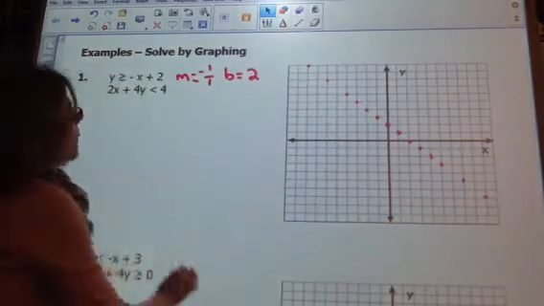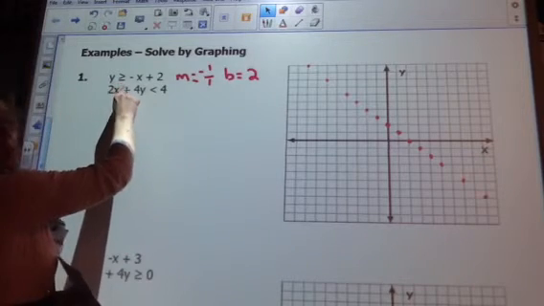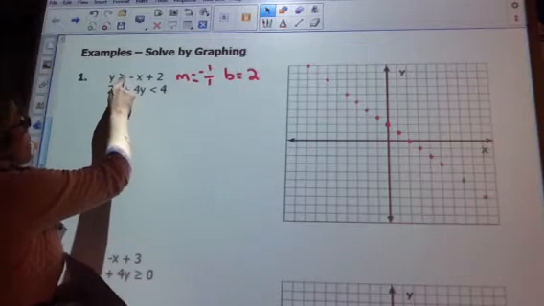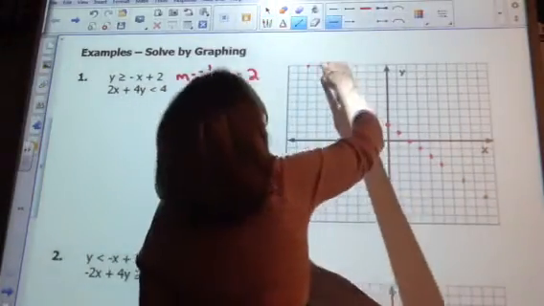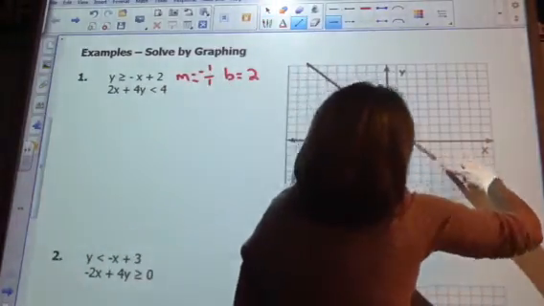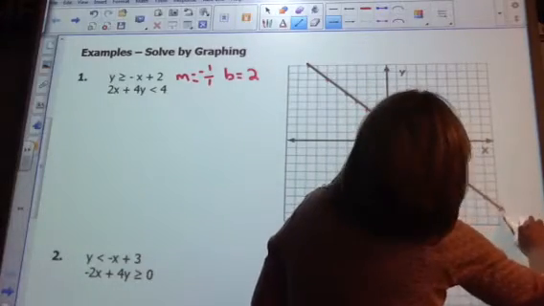Now when we graph this inequality, is it going to be a solid or dotted line? It's greater than or equal, so we're going to have a solid line. So this line is part of your solution set.